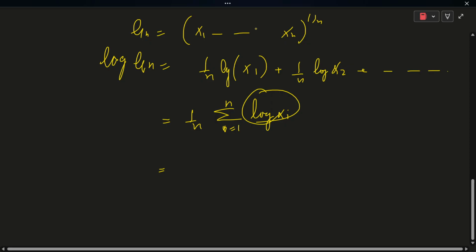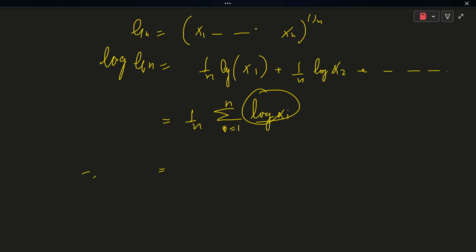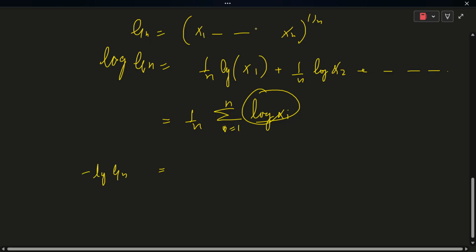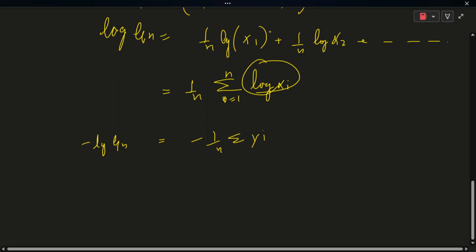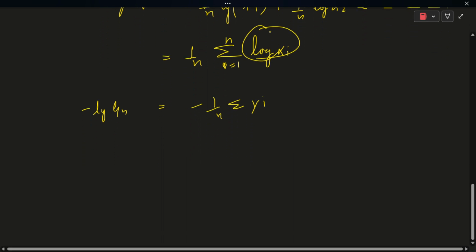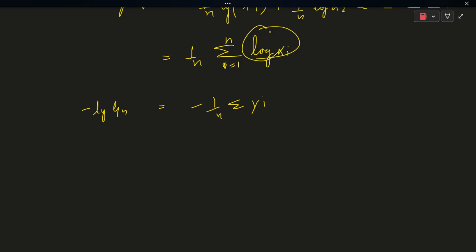So see, if we take negative signs on both sides, we will get minus log Gn equals minus 1 upon n summation yi. So from this, minus log Gn is equal to, let's write this quantity as zi, right?